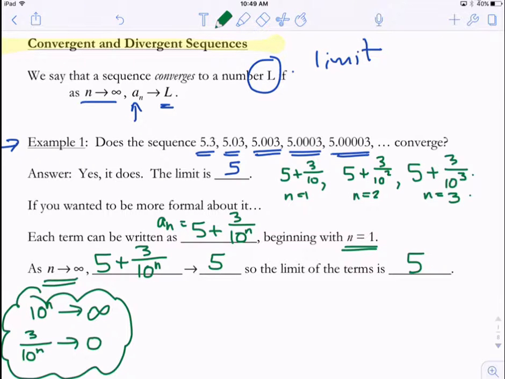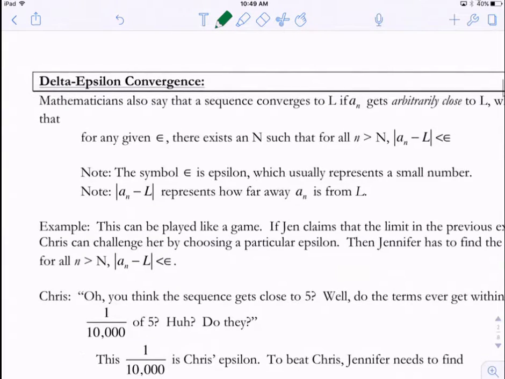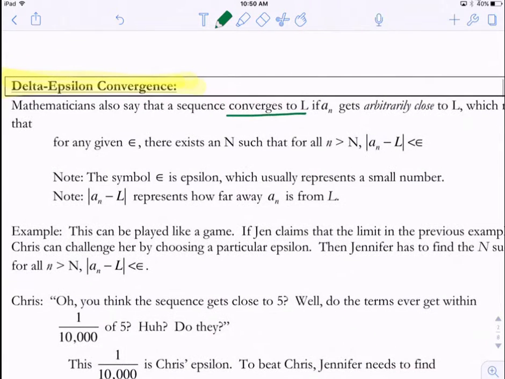Now, we've been a little sketchy on limits, and we'll continue to be informal with limits. If you wanted to be more formal, there's this whole thing called delta epsilon convergence, which I'm not going to get into. The idea is that if you want to say that something converges to L, we're saying that the terms get arbitrarily close to L. So when I say this converges to 5, somebody could say, yeah, but they get kind of close to 5, but do they ever get within 1/1,000,000th of 5?